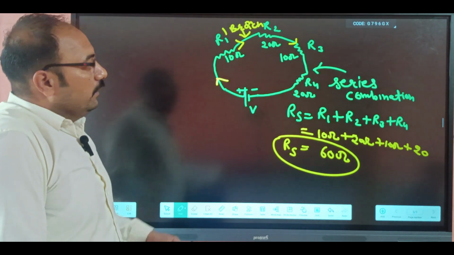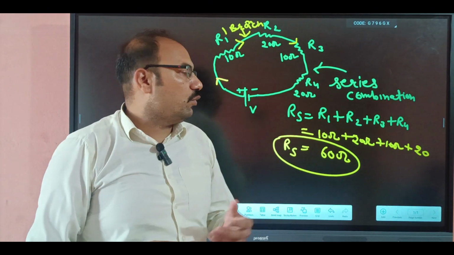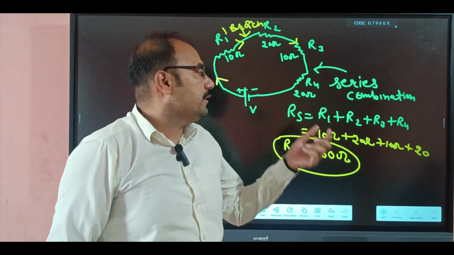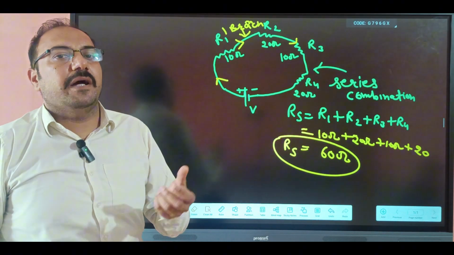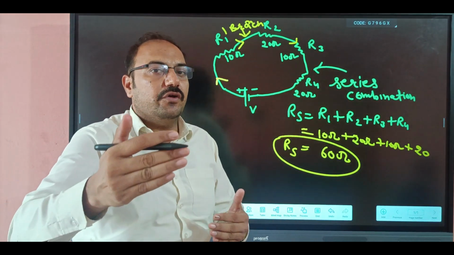Series and parallel combinations have different formulas. The question is how to determine whether a circuit is a series or a parallel combination. Simply, in parallel, the current is divided into different parts.